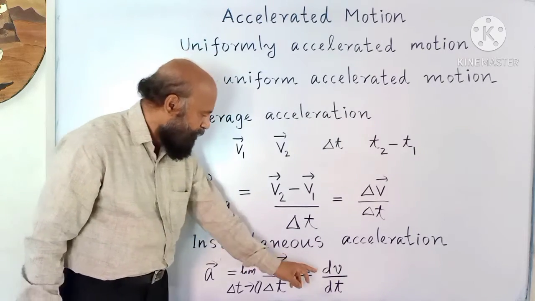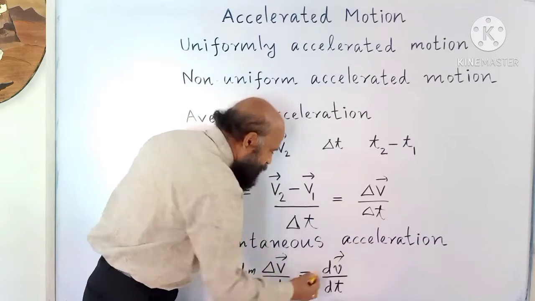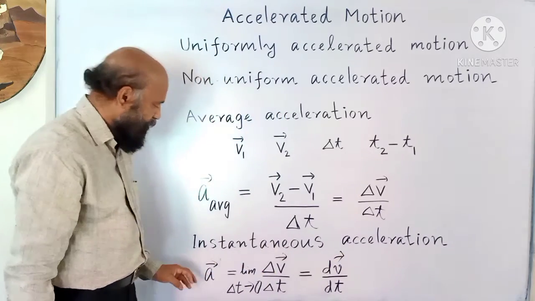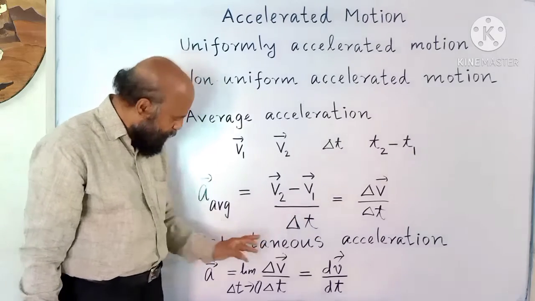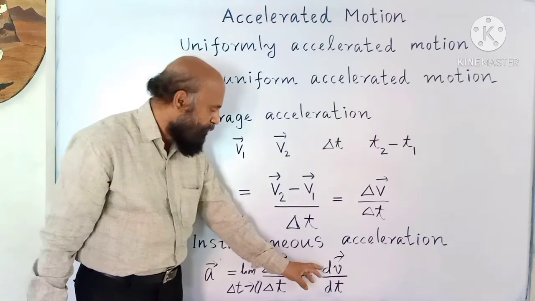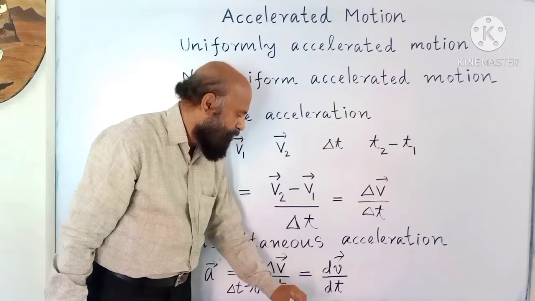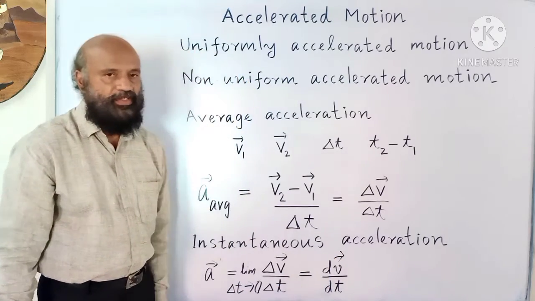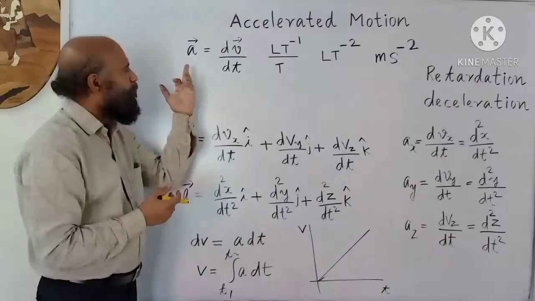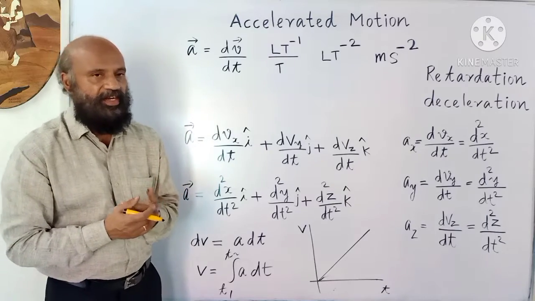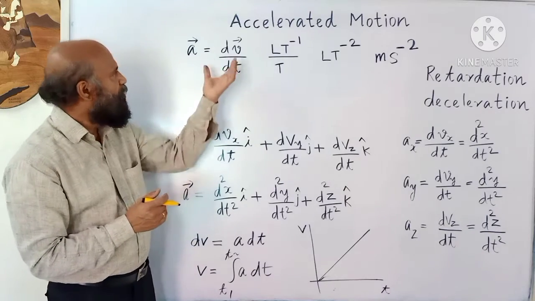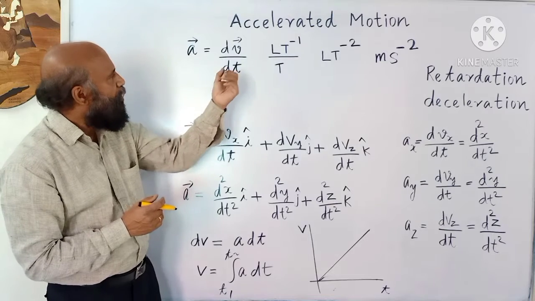In calculus it is denoted by dv by dt. So instantaneous acceleration, or you can say acceleration, is dv by dt, the rate of change of velocity.